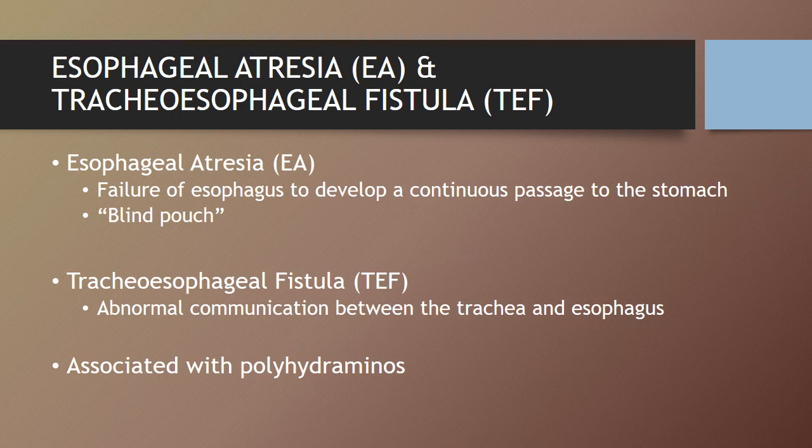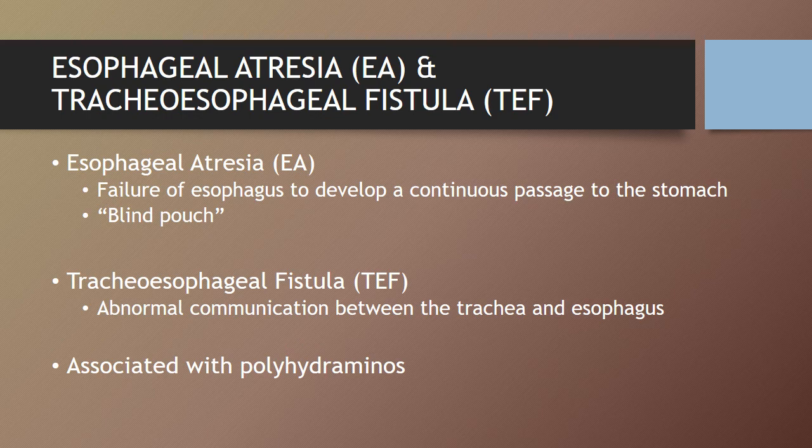They're not going to be able to breathe in and swallow the amniotic fluid because it's not going to go in the direction, the flow that it should. So the amniotic fluid is then going to build up, and when it builds up, that's when they get the polyhydramnios. When they do an ultrasound, they may not be able to see a stomach in the baby because the baby's not swallowing the amniotic fluid and the stomach is empty. So that's very common when they do an ultrasound.